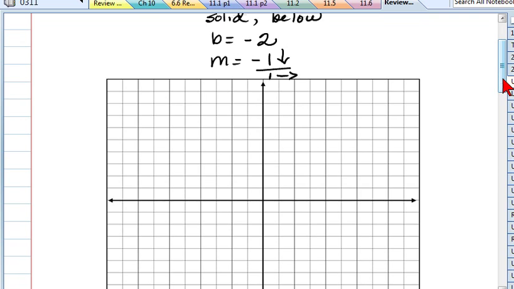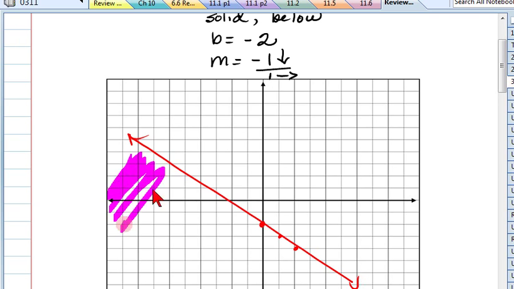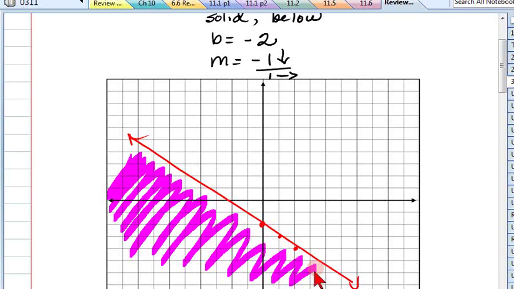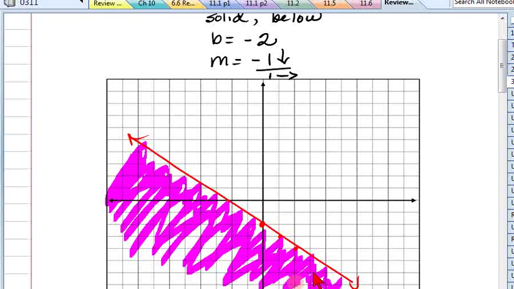Begin at -2. From there, go down 1, right 1. I can do that as many times as I want. I have a solid line. I'm supposed to shade below it. And I would get a picture that looks something like that.